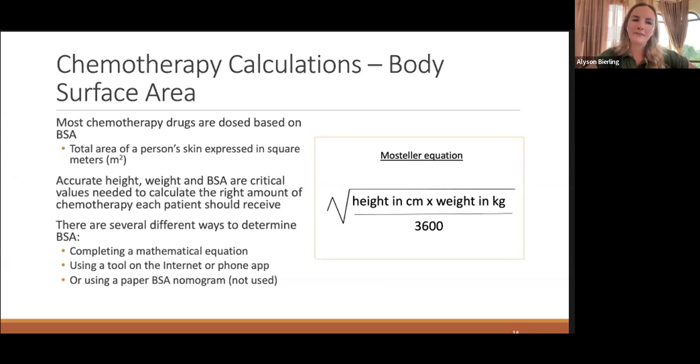And then finally, a paper nomogram can be used. That was done historically, but is not best practice anymore. So typically it's either manually calculating using this formula or using a tool on the internet or a phone to do that calculation for you.